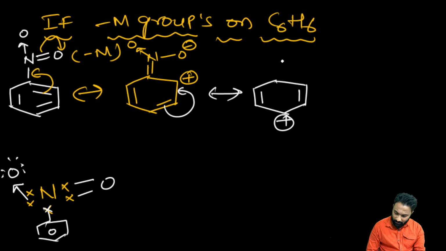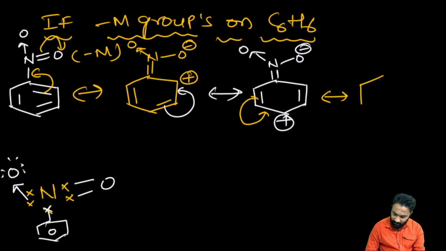Done. Now here the N, and here the oxygen will get the negative charge, and here it will get the oxygen. Done. Next, again to stabilize this positive charge, this pi bond will be resonated here. When this pi bond has been resonated here, then this carbon will get the positive charge.